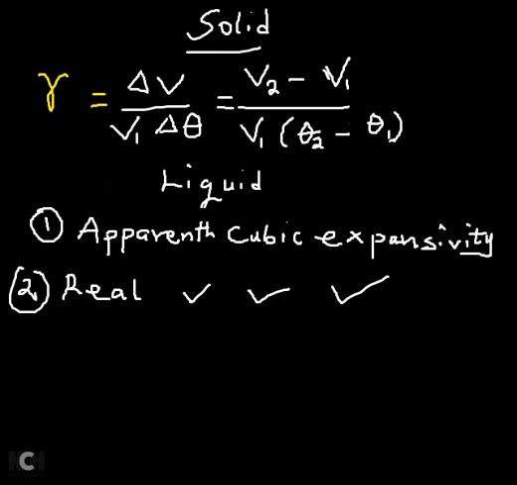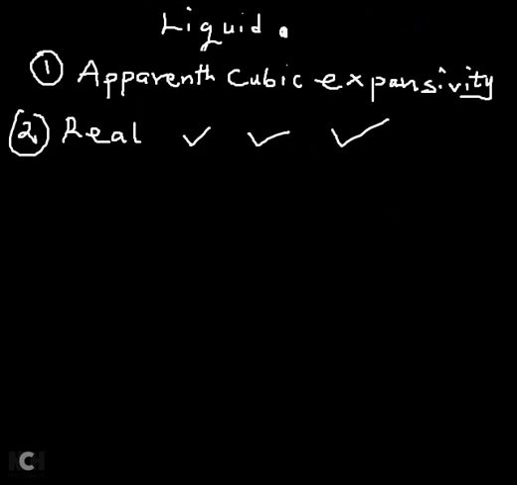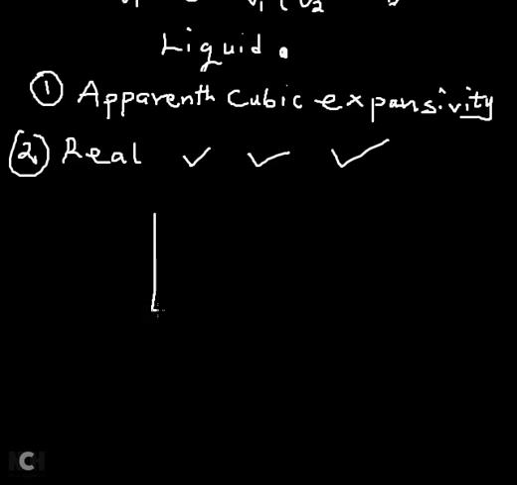Now, of course, you know very well that a liquid does not have its own shape. Rather, it takes the shape of the container. So if I want to heat a liquid, I'm not going to heat that liquid directly. That liquid would definitely have to be in a container when I apply the heat.